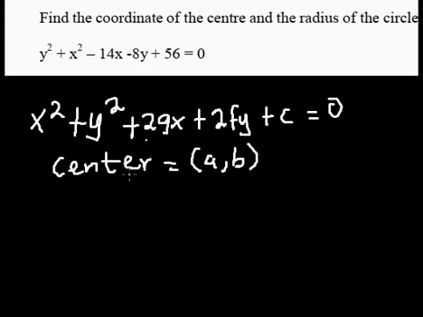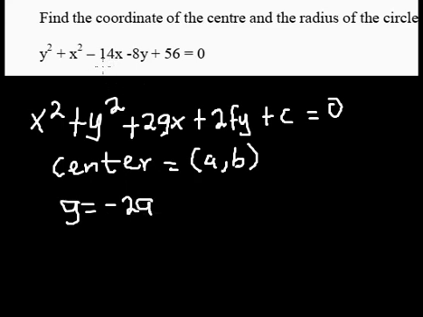From the equation that was given to us, no need for me to write it down again. Now for me to get my a, remember g is always equal to minus 2a.